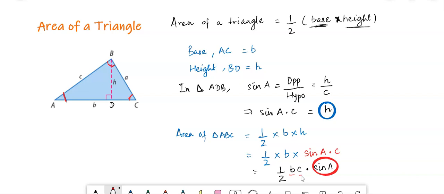Now you can see very clearly that they are not just any two sides. The length B and the length C have angle A as their included angle. Angle A is the included angle between side AB and side AC.